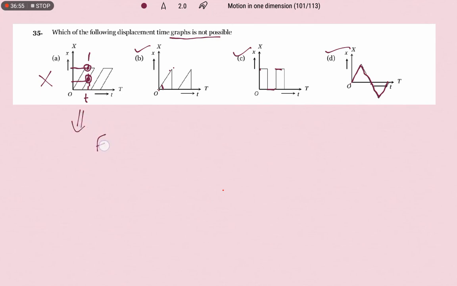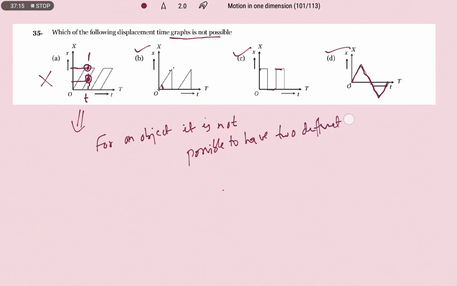For an object or particle, it is not possible to have two different positions and two different velocities at the same instant of time.